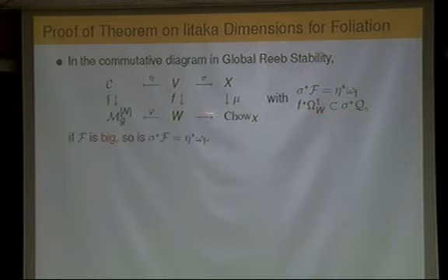Now suppose you assume that this F is big, but then it means that the lift to V is also big. So in other words, the pullback of the relative dualizing sheaf of this universal family is also big. But then, as we saw before, this implies that this eta is generically finite over its image, because the pullback is big.